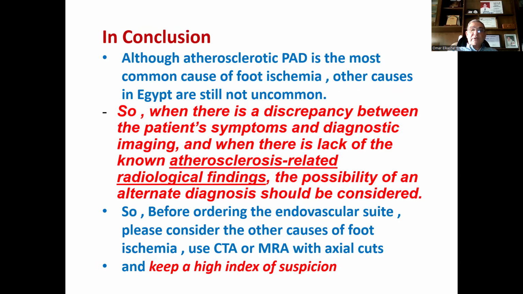So before ordering the endovascular suite and the angioplasty, please consider the other causes of foot ischemia. Use CTA, axial cuts in CTA are very important. MRA with axial cuts, and keep a high index of suspicion.